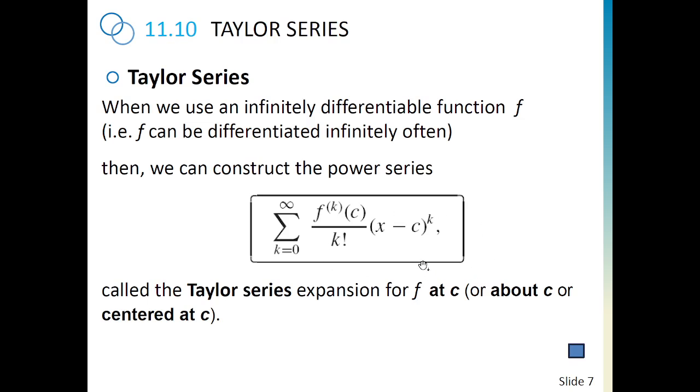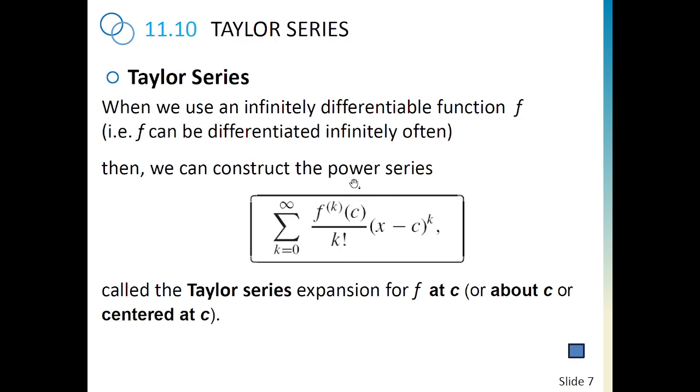So this is a formula for a Taylor series, which is also a power series, generated by a function f centered at c. So the c is the center of the series. You see what we have here is x minus c to power k. So this is giving us our power series. And the coefficient here is very special. Downstairs you have k factorial.